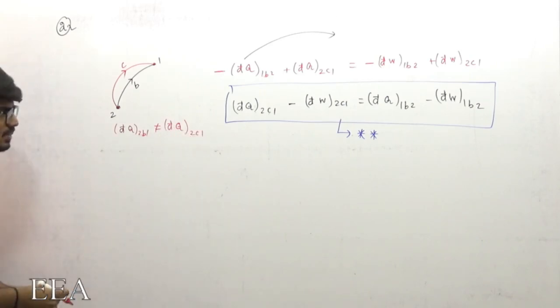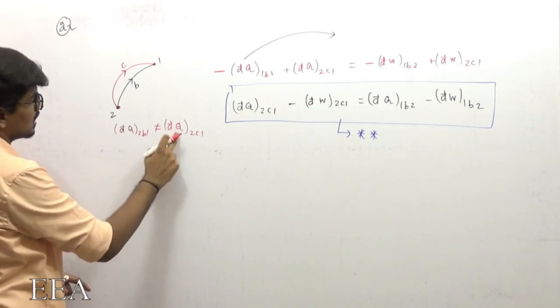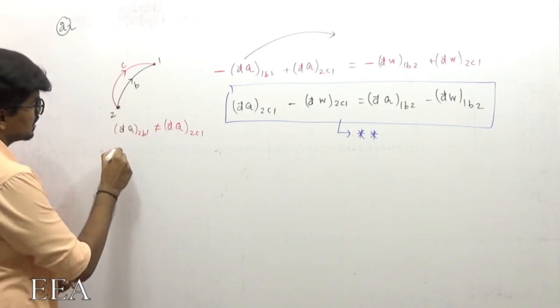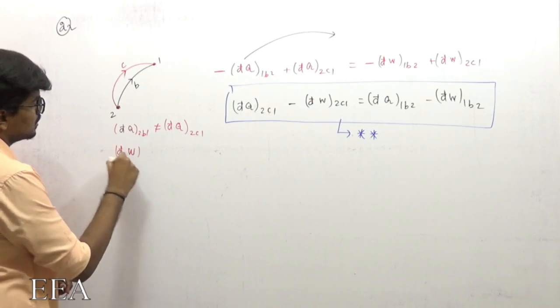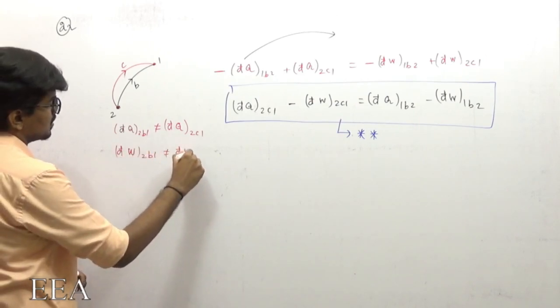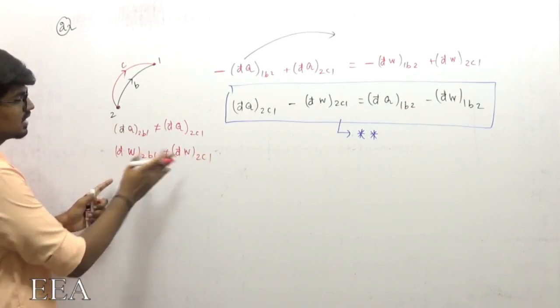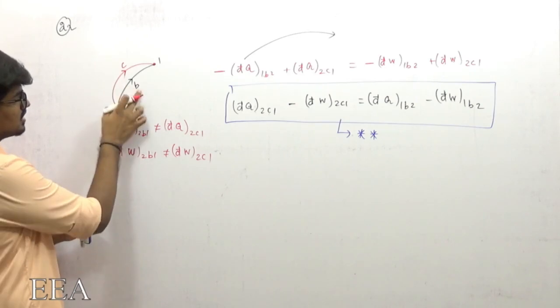That is why it is a path function, it depends on the path. As the path varies, the heat transfer during that process will also vary. Similarly, we know d dash w of 2b1 is not equal to d dash w of 2c1. This is the same thing, because work is a path function, so if I change the path, work will also vary.